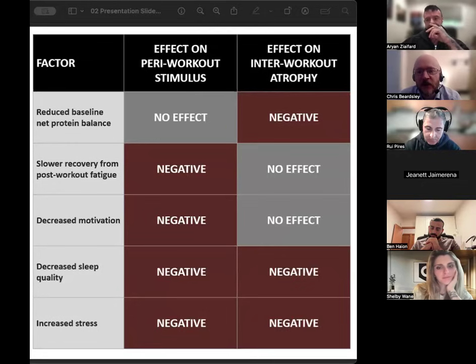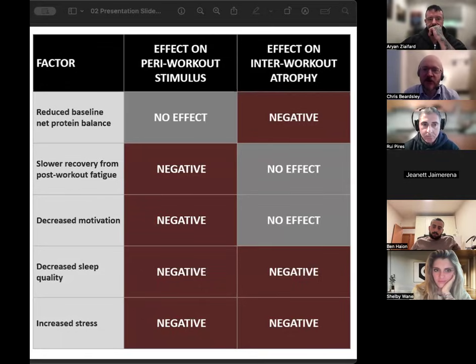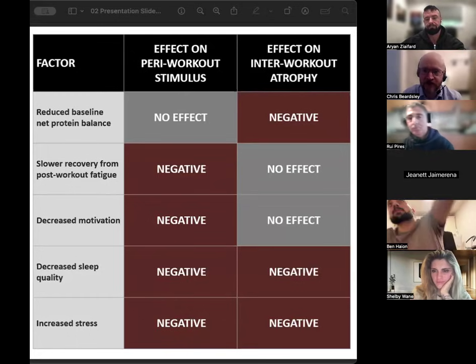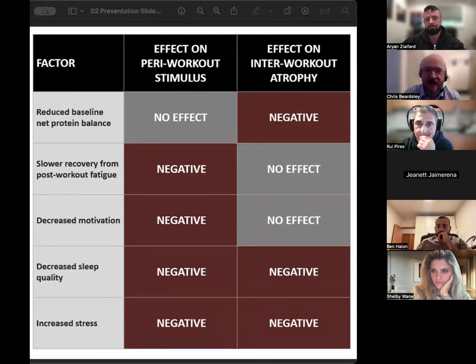Totally. So, summarizing this stuff, what I think we can say is that you've got a number of factors which are going to suppress your ability to create a good stimulus from each workout that you're doing. That's point number one. What that means is you can't make mistakes that you would be able to make normally and kind of muddle through.